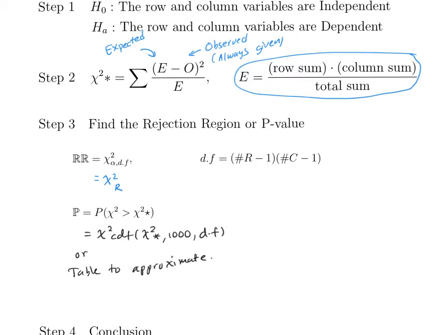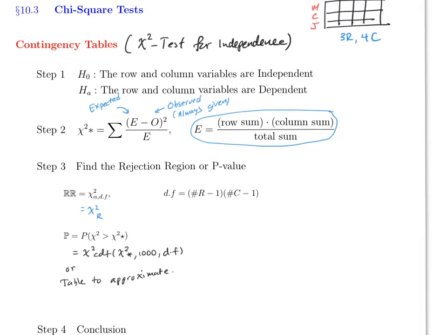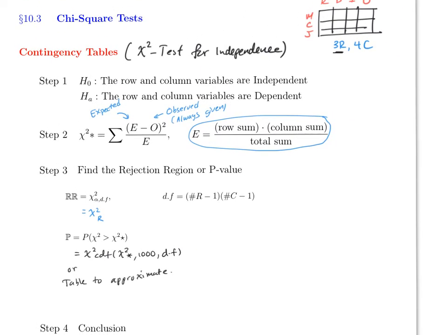Now, the part that is new also is how you find the degrees of freedom. The degrees of freedom is going to be the number of rows minus 1 times the number of columns minus 1. So for example, let's say that this was the actual problem, where notice there are 3 rows and 4 columns.